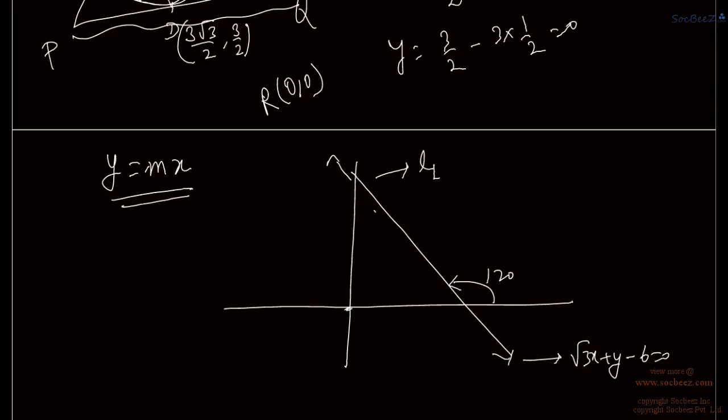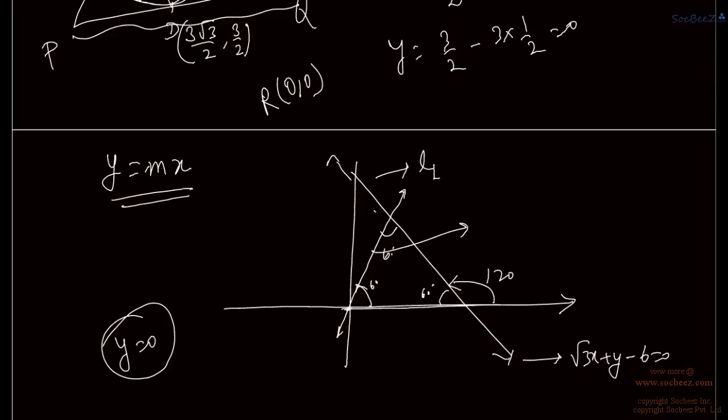So we have to draw two lines such that they make 60 degrees with line L1. One line is itself the x axis, isn't it? This x axis is making 60 degrees. So we have one line as y is equal to 0, and another line is something like this, which is making 60 degrees, and thus forming an equilateral triangle. These are the three sides. The equation of this line can be given as y is equal to root 3x.